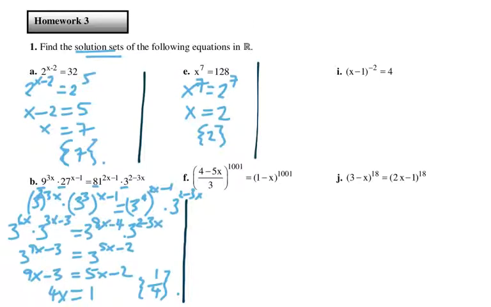So now for F. It's another example where we have an odd power, so it just means we can simply equate the bases as they are. So we have 4 minus 5x, all divided by 3, is just equal to 1 minus x. Sorry about that. So now we should multiply by 3, so we're just solving an equation here.